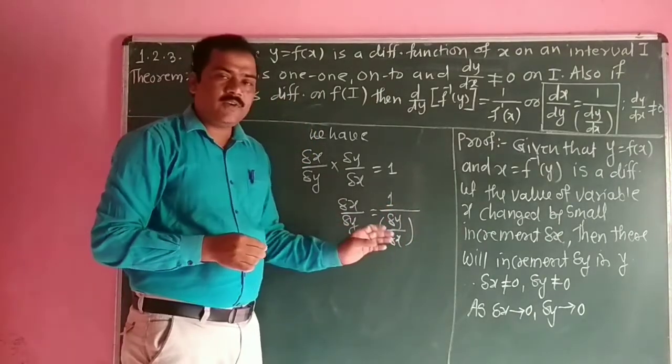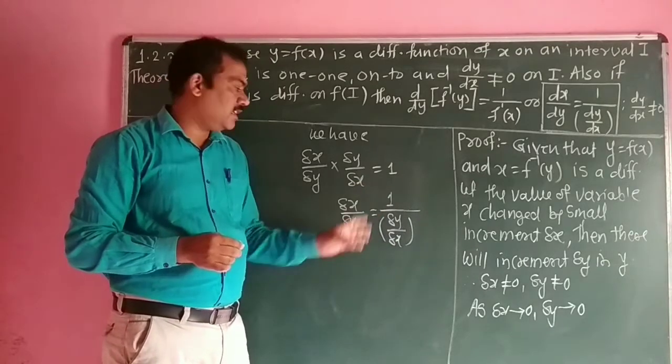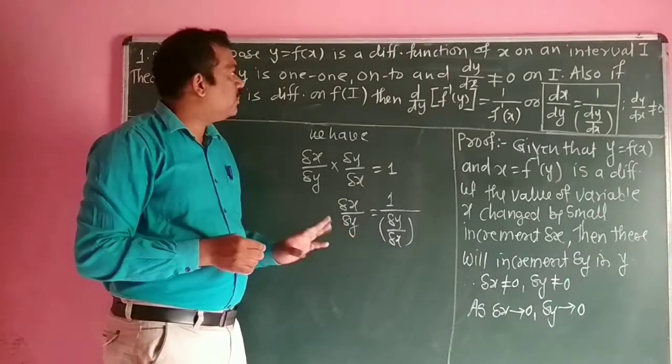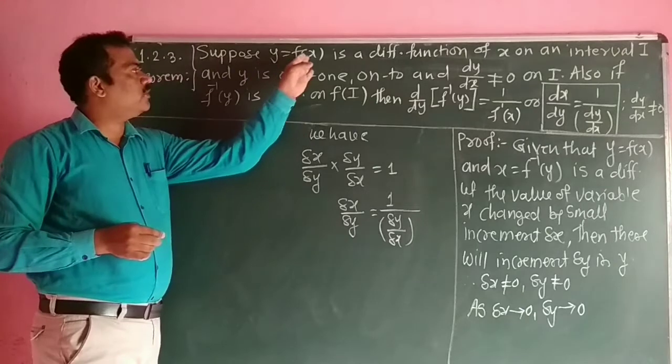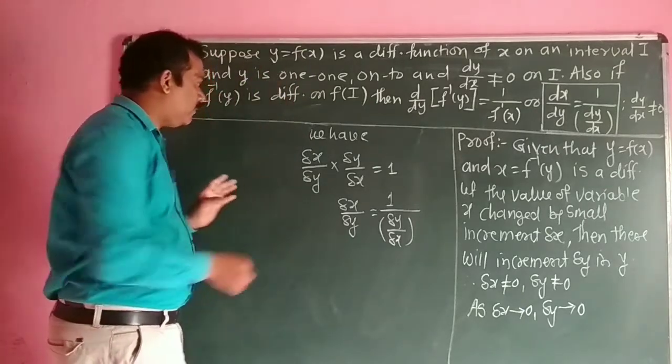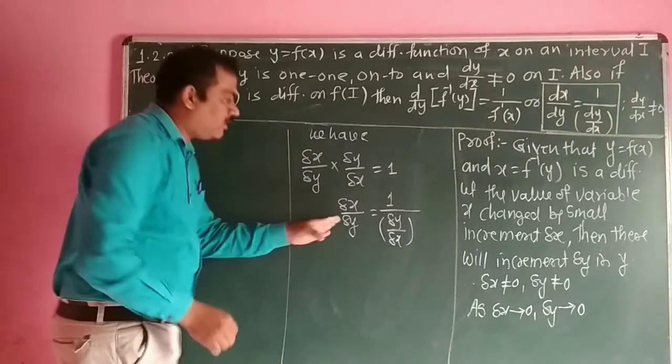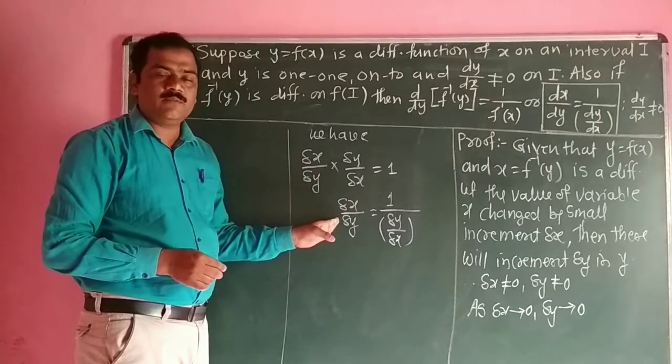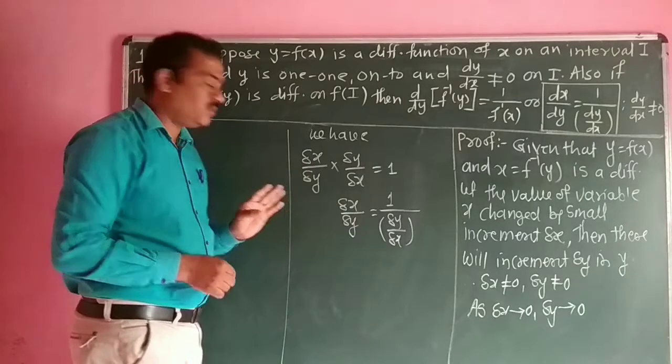This ratio, delta y upon delta x, is never 0. As we have to discuss the function y is equal to f of x, where x is the independent variable and y is the dependent variable, we have to take the limit of this as delta x tends to 0.